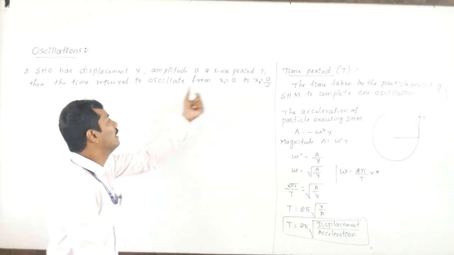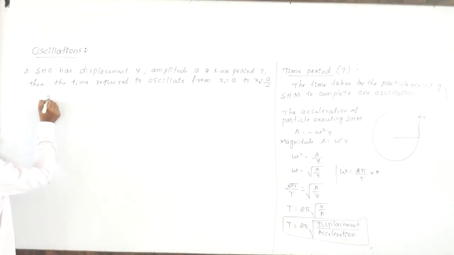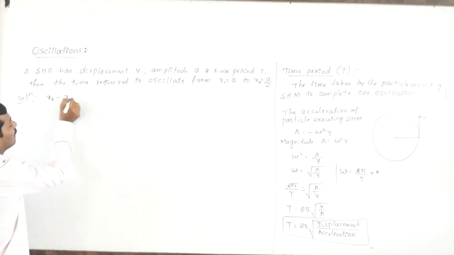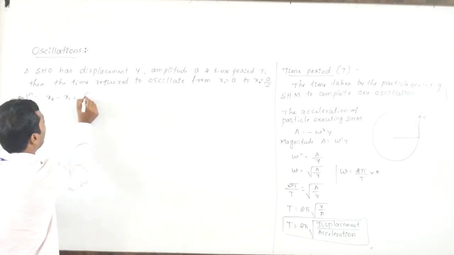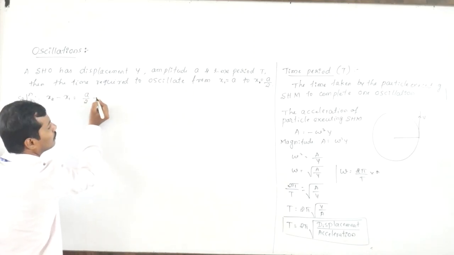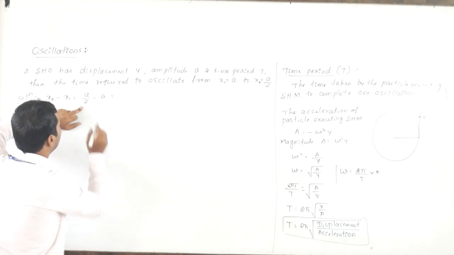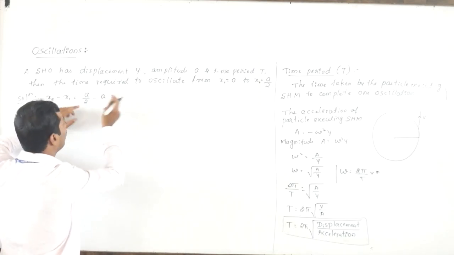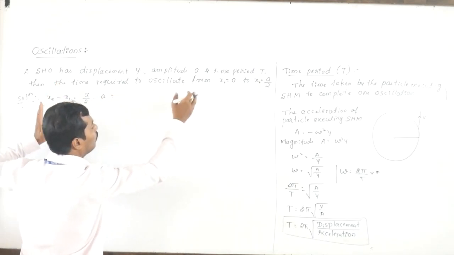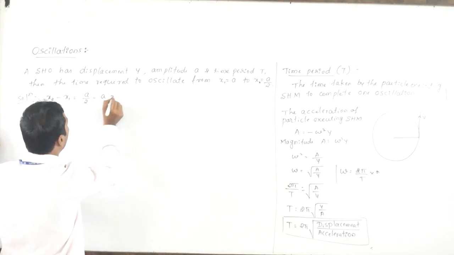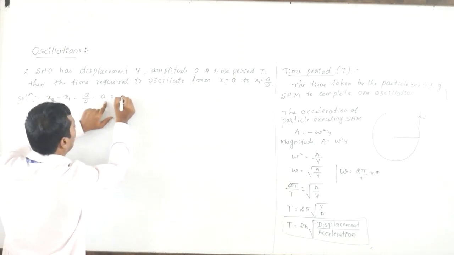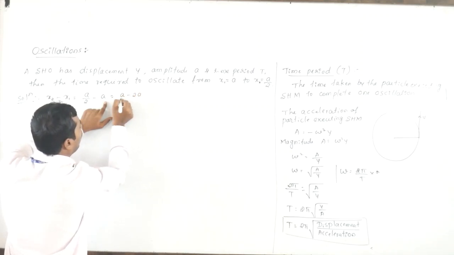We have to find the total displacement, that is x2 minus x1. That is x2 minus x1 equals A by 2 minus A. Take the LCM: A minus 2A divided by 2.